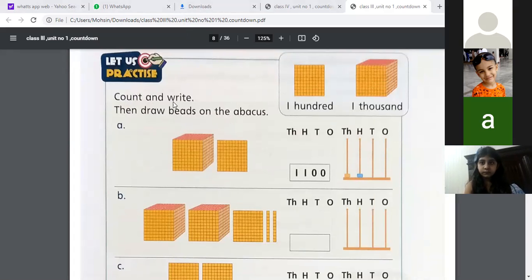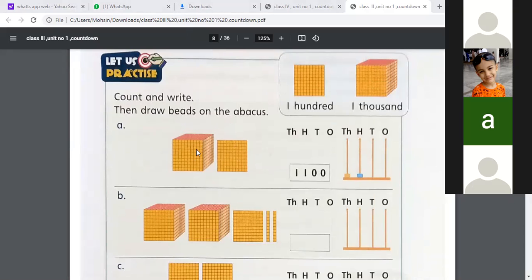Count and write. First we have to count how many blocks are there. This tube shows that it has 1000 small boxes, and this square shows that it has 100 small boxes.